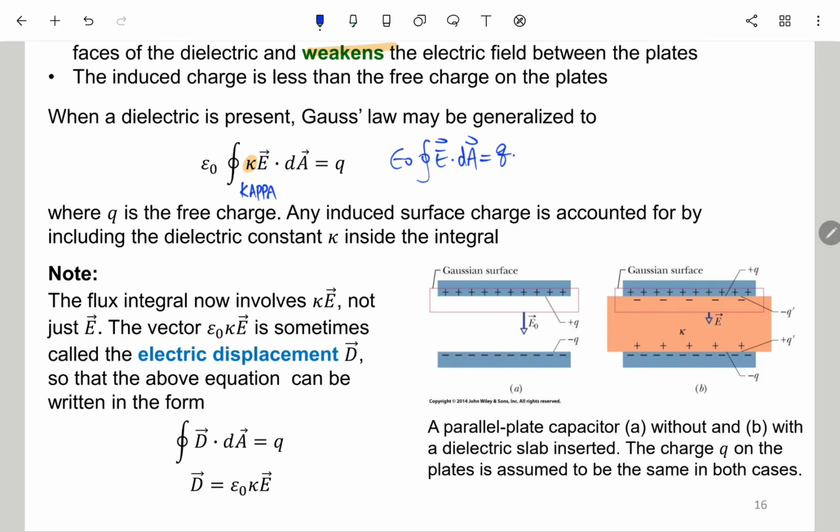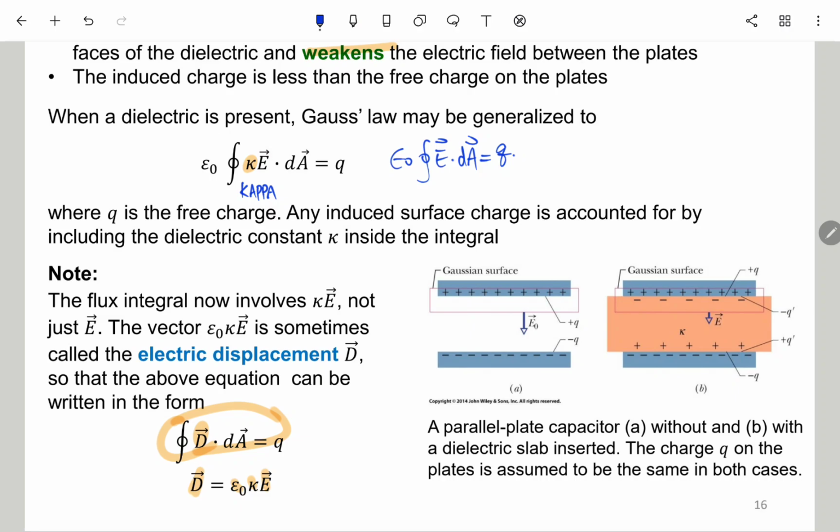Actually, in some other EM materials or EM textbooks, they will use another variable called D. D will be epsilon naught kappa E, to represent D, so that the Maxwell equation will be simplified.